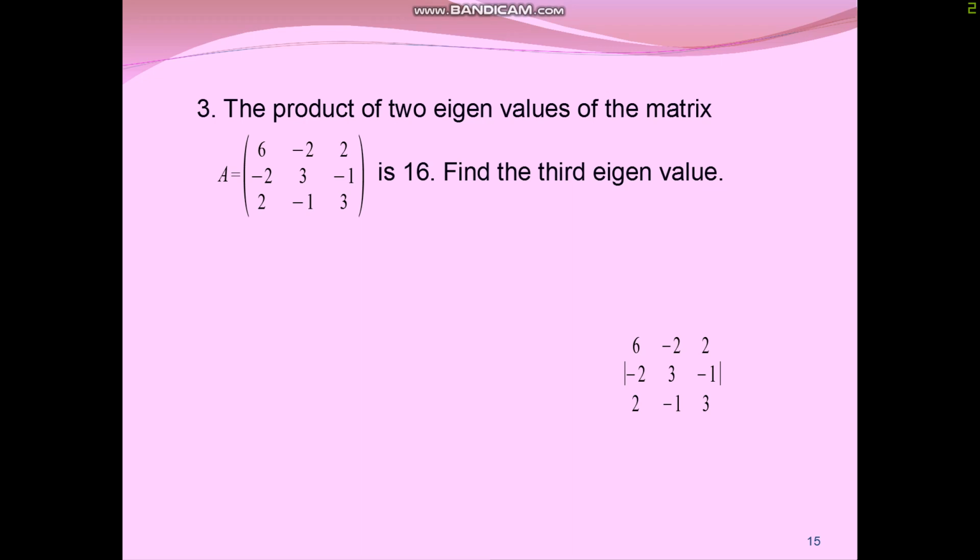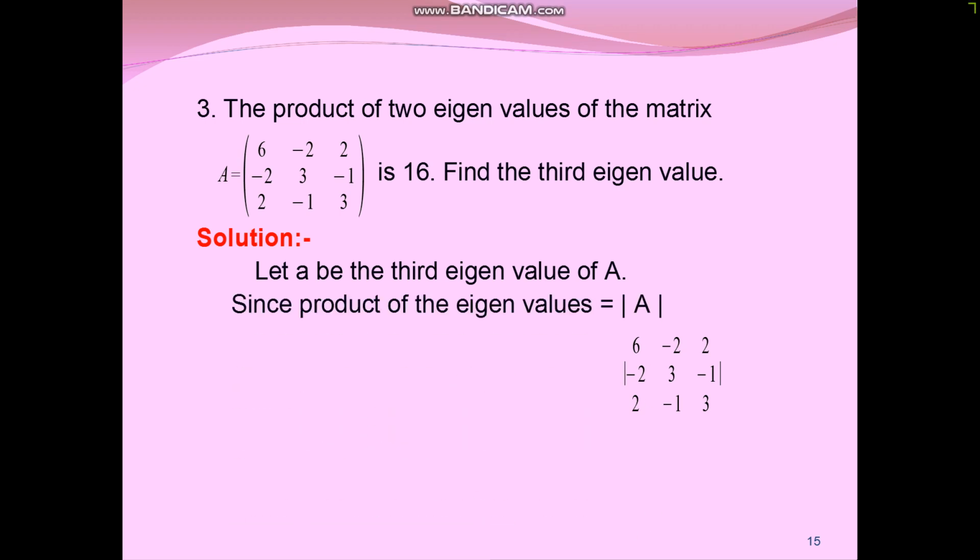Find the third eigenvalue. Let a be the third eigenvalue of A. Since the product of the eigenvalues equals the determinant of A, 16a equal to the determinant, then a equal to 2.